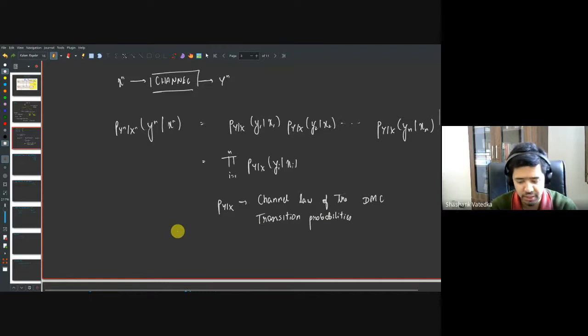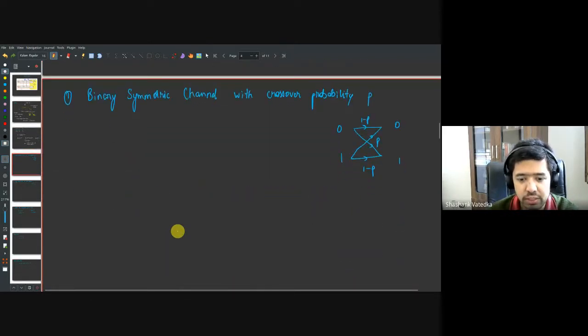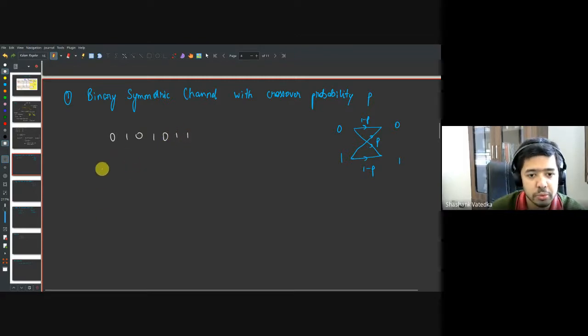Okay, so let's see some examples. The simplest example is the following. You give a sequence of n bits as input to the channel. At the output, you see a sequence of n bits, and maybe each bit is flipped. So I transmit some sequence of bits, x1, x2, x3, x4, x5, x6, x7, and at the output I see another sequence of bits, y1, y2, y3, y4, and so on.